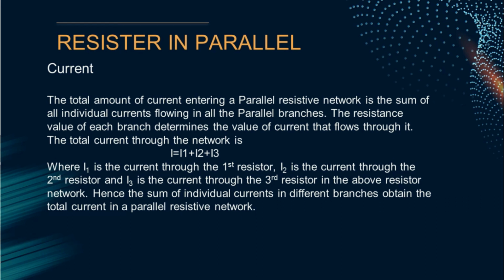The total current through the network is I equal to I1 plus I2 plus I3, where I1 is the current through the first resistor, I2 is the current through the second resistor, and I3 is the current through the third resistor in the above resistor network. Hence, the sum of the individual currents in the different branches gives the total current in a parallel resistor network.